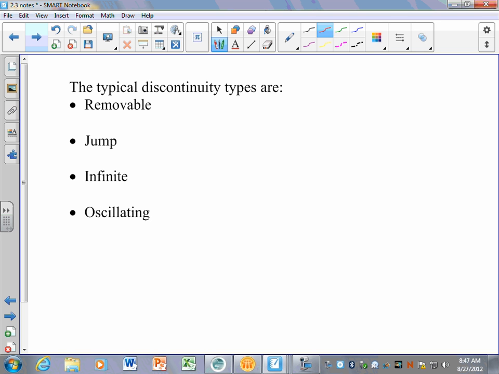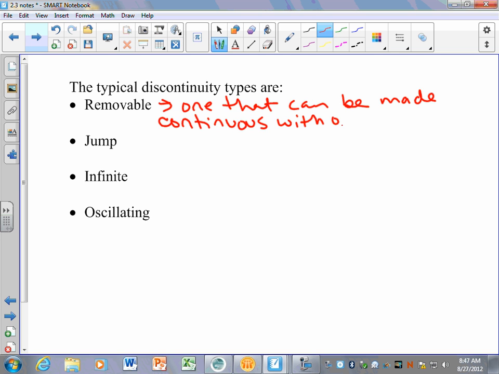A removable discontinuity is one that can be made continuous with only one point. We'll look at an example of that in just a minute.